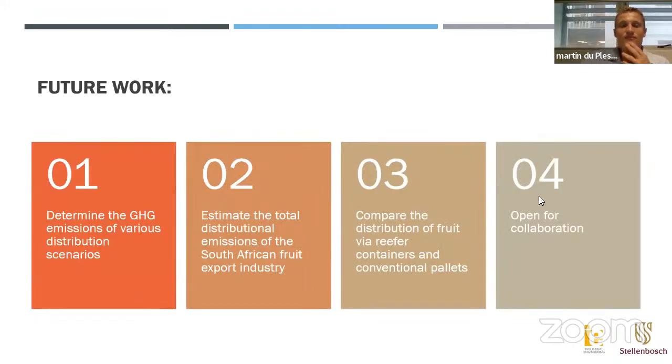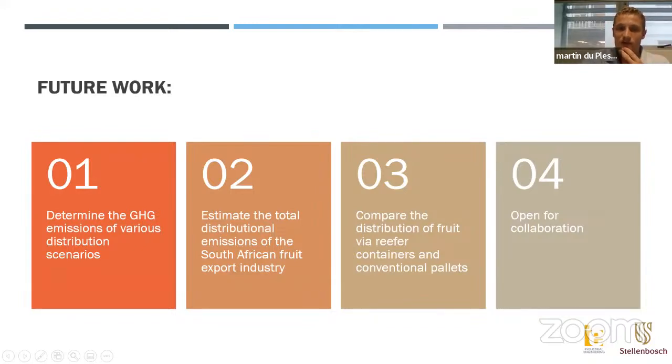So future work, where are we heading next? The first thing we are going to do is, for various distribution scenarios, as I indicated in the world map for the different types of fruit, write a journal article stating the realistic emissions for various distribution processes.